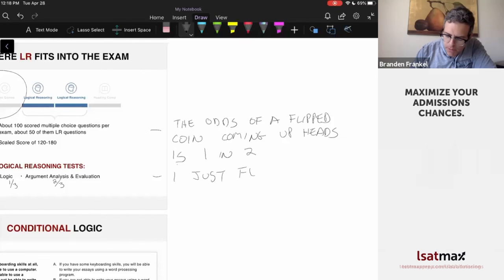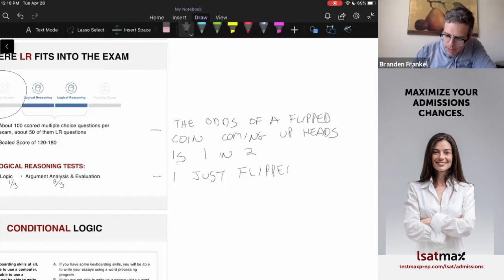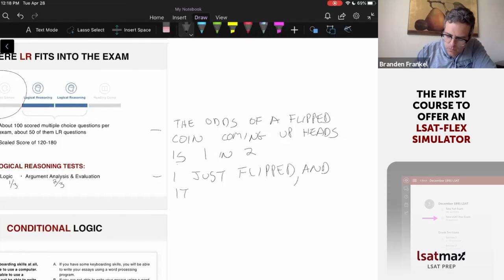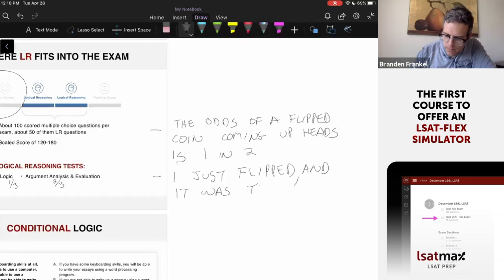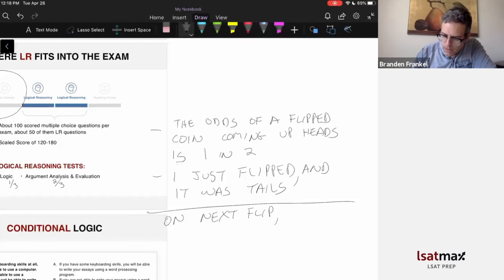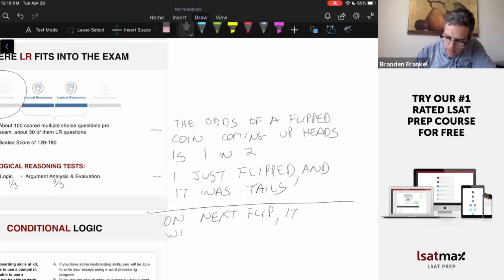I just flipped a coin and it came up heads. I'm sorry, tails. Therefore, on the next flip, it will be heads.